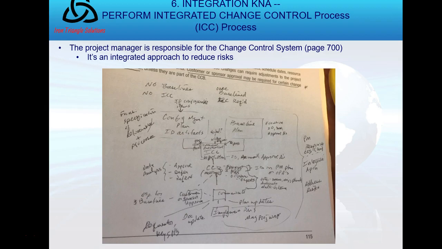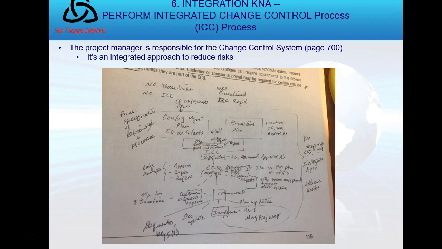And all those feed into the integrated change control, which is going to tie to your CCB down below, your change control board. Then once the change control board approves, defers, or rejects the change after some data analysis that you provided as the PM, you may involve other experts. You may update the plan or the project documents.